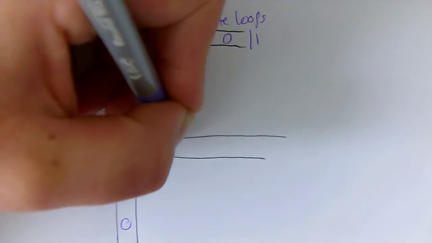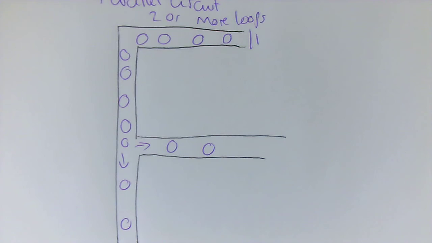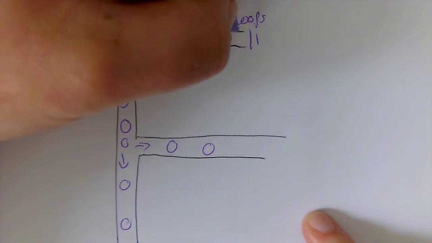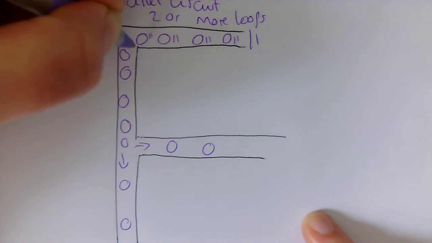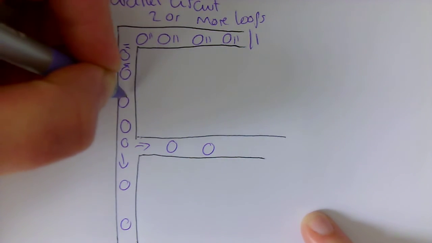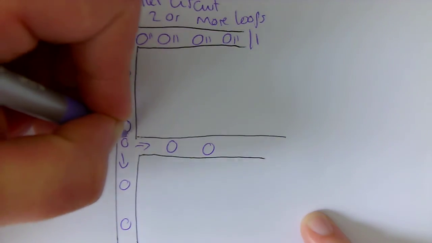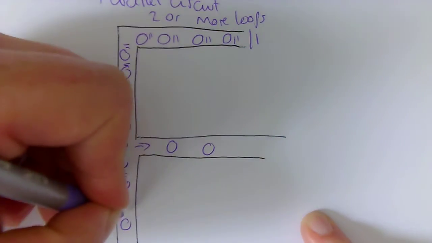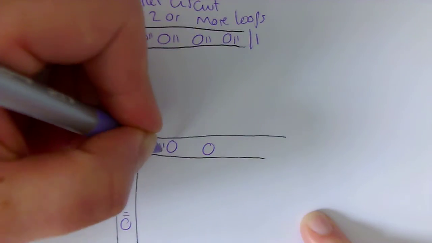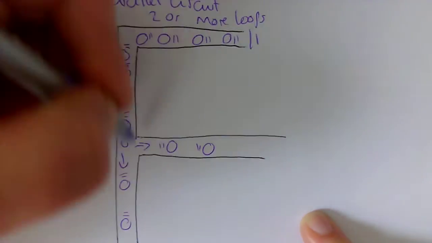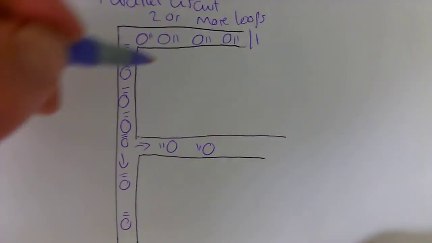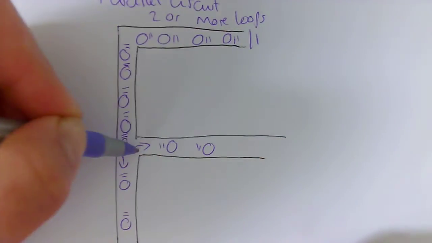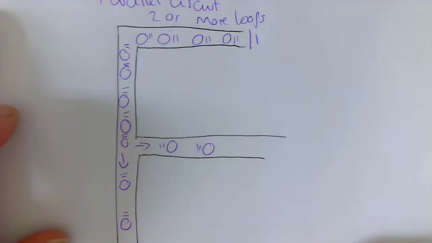So we're going to get half going one way and half going the other. However, the electrons that are flowing are all going to have the same amount of push. So even though they've gone this way, they still have the same amount of push as the ones up here. So what that means is the current splits, but the voltage stays the same.